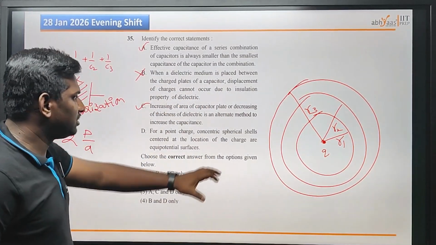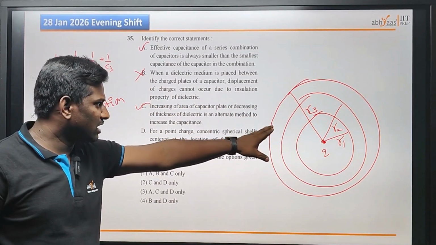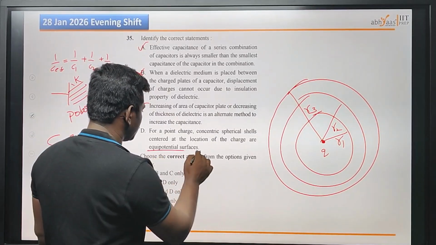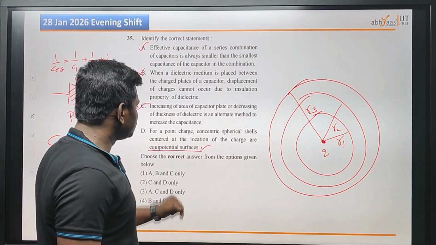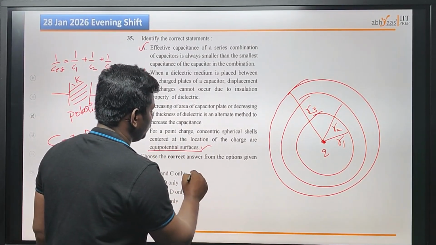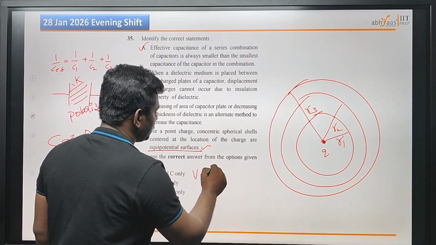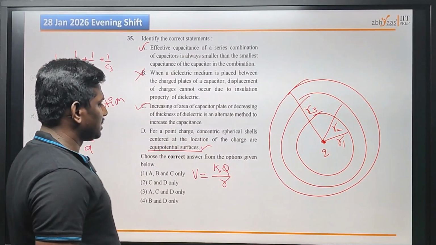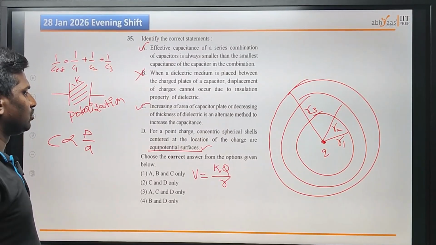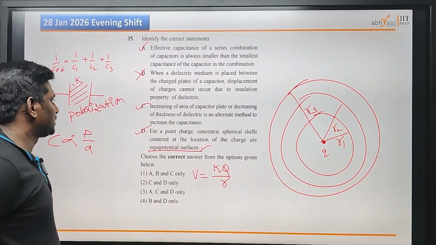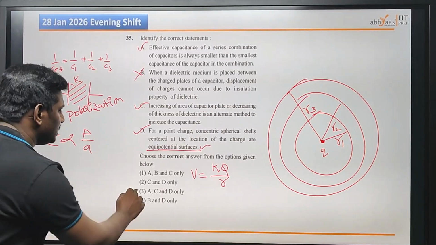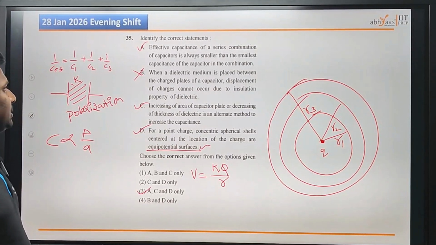These are the equipotentials. Is that true or not? V can be written as KQ by R. So those are the equipotential surfaces. A, C, D are true in this case.